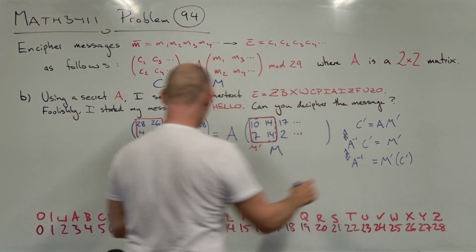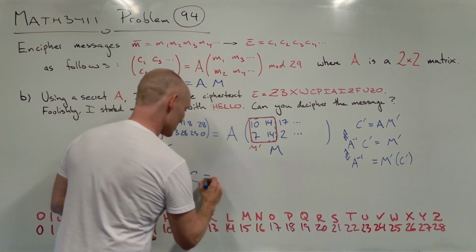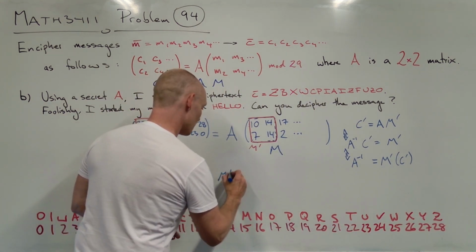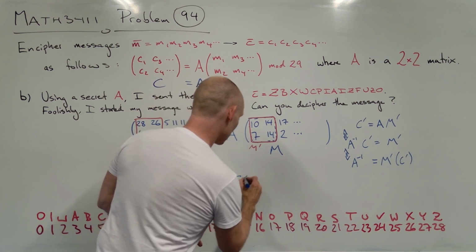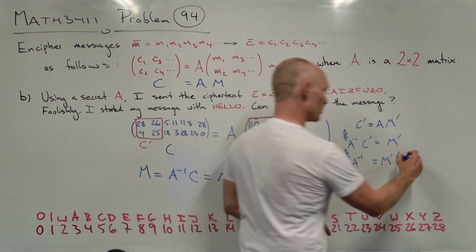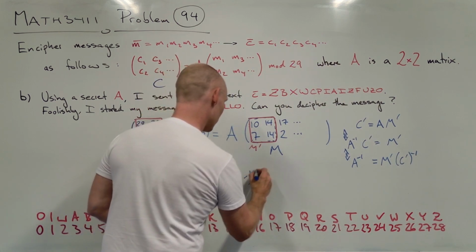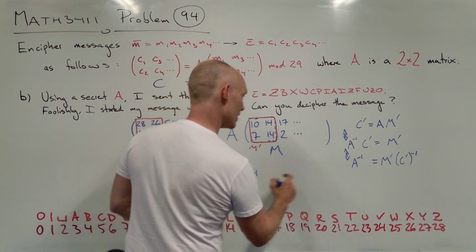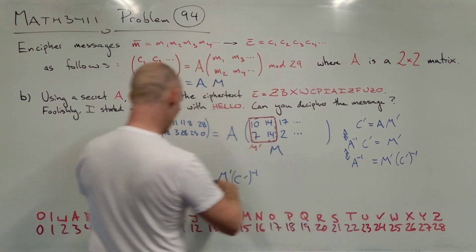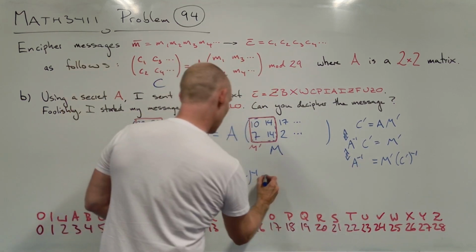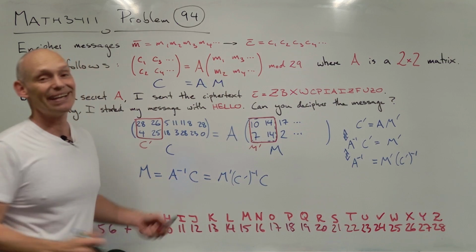So I can write this as M prime times C prime inverse, times the matrix that we have there, C, and there we're done, in principle.